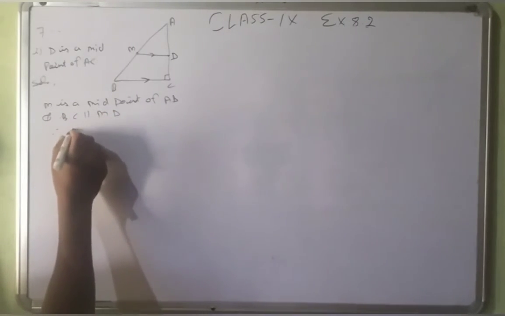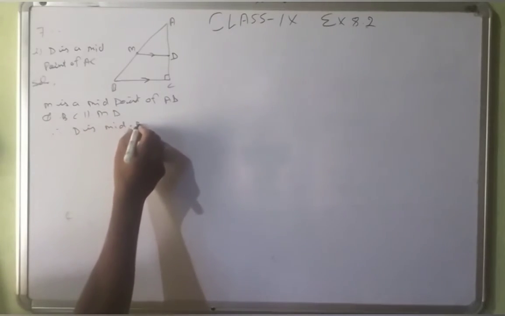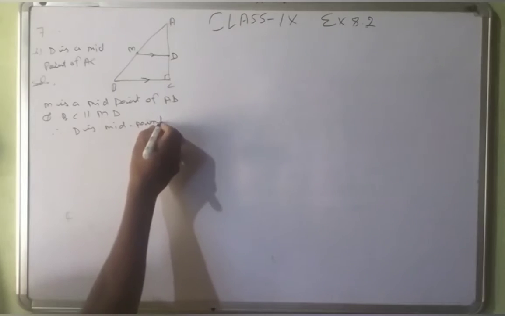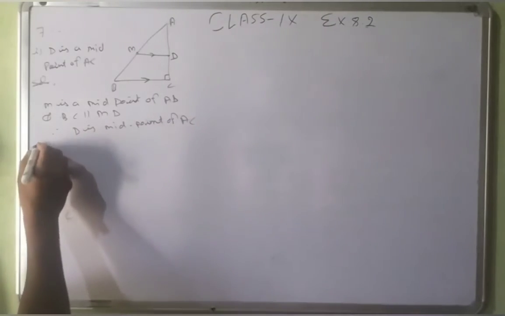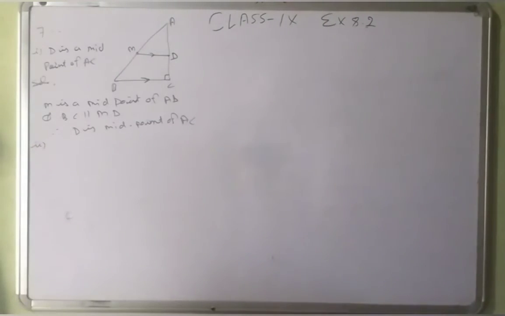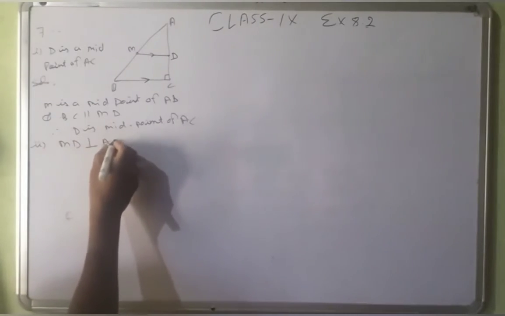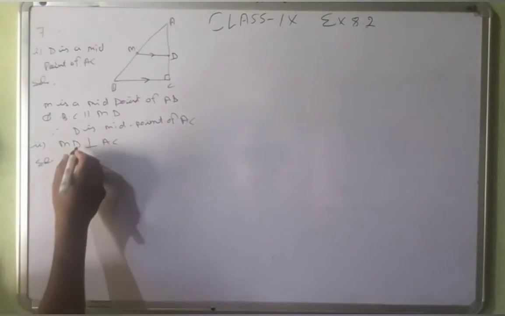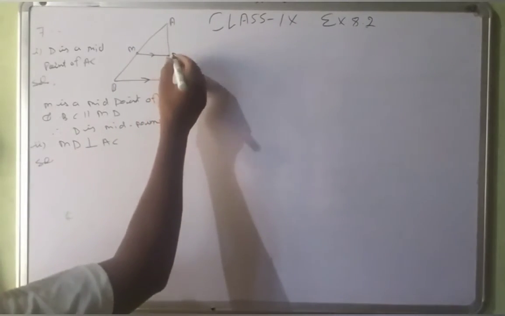So D is the midpoint of AC. Second part: MD is perpendicular to AC. It means we need to prove this one.